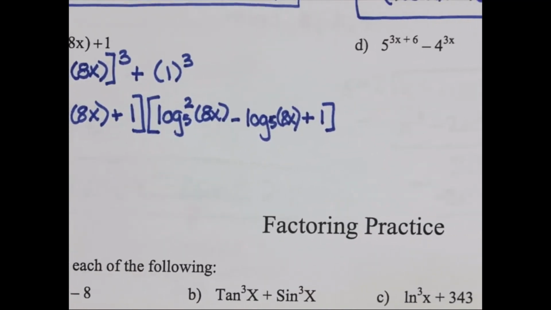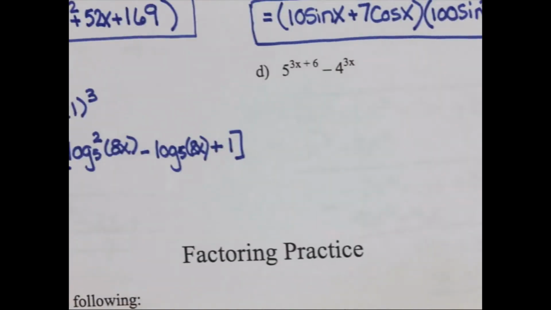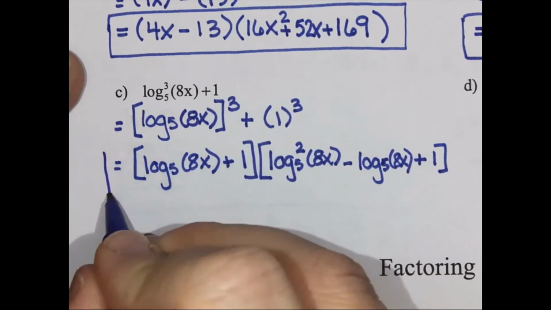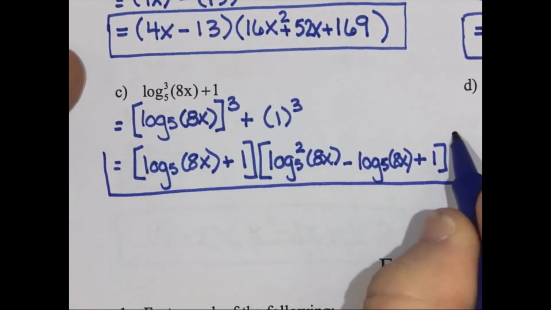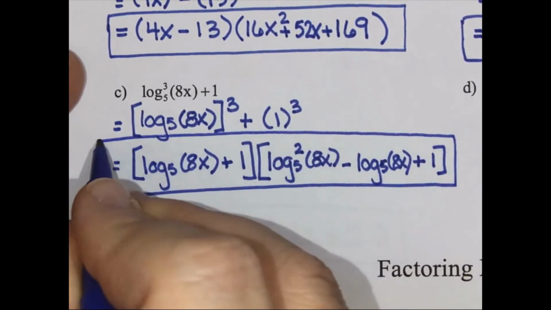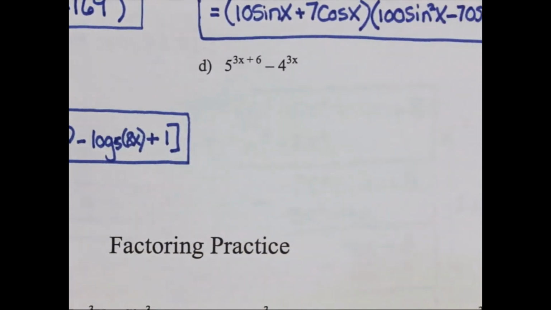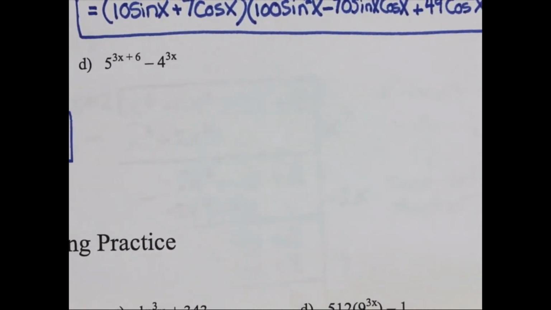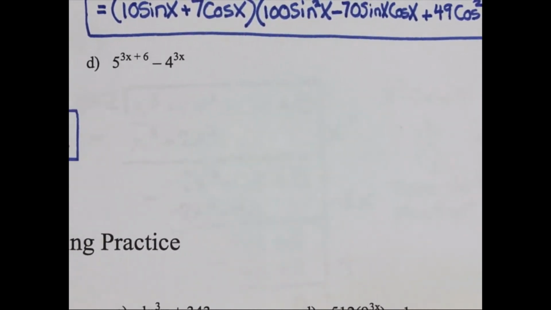All right, we have one more to do, and exponentials are always going to be a little trickier to figure out. That doesn't mean we shouldn't try, it just means it's going to take a little more brain power. So I have 5 to the power of 3x plus 6 and 4 to the power of 3x.